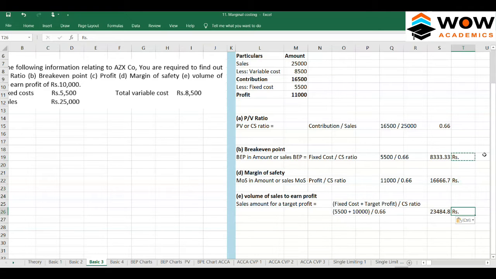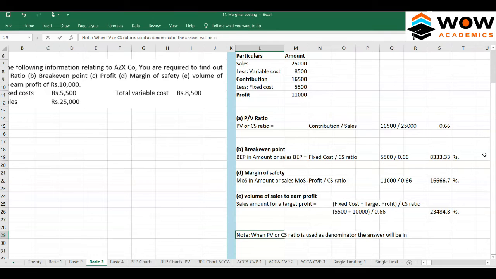You can make a note: when PV or CS ratio is used as denominator, the answer will be in rupees or dollars.